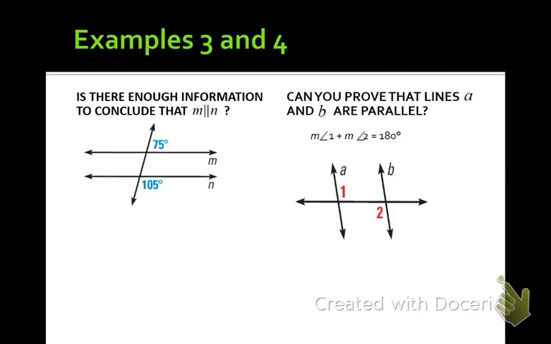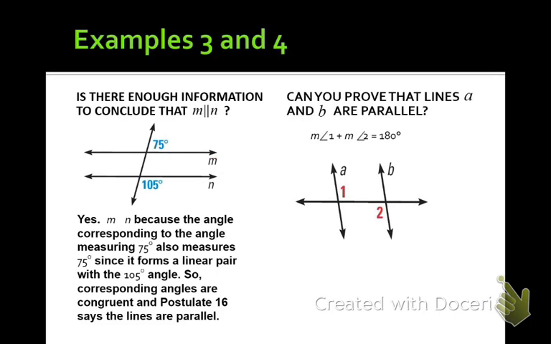All right, so some examples more relevant to what we're going to do. Is there enough information to conclude that line M and line N are parallel? Think about that for a second.